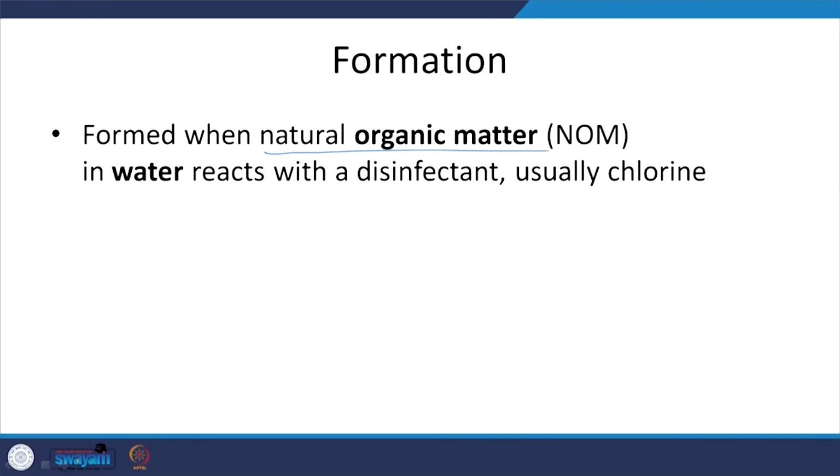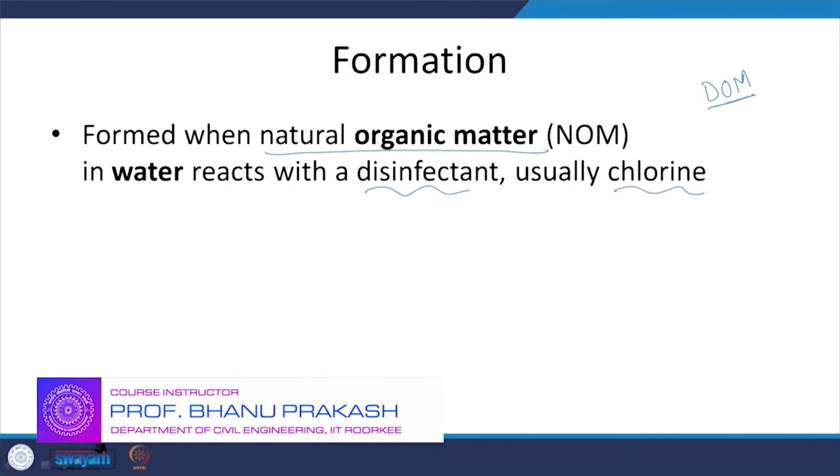So, they leach into the water, and now you have organic matter dissolved in the water. This is called natural organic matter, and depending on the size, it is also referred to as dissolved organic matter. And this natural organic matter in water reacts with disinfectant, especially chlorine, and forms disinfection byproducts.